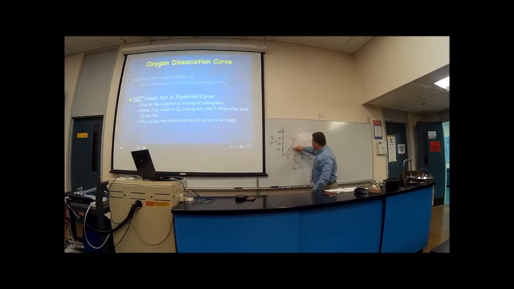So in the middle portion here, it's steep. Okay? There's what we call cooperative binding. Once this gets bound over here, these two are much easier, and this one's very easy to load on. The best way I could explain it is think of a block of stamps over here.